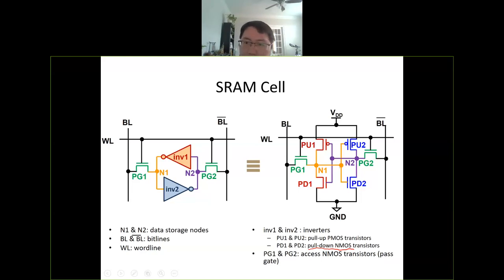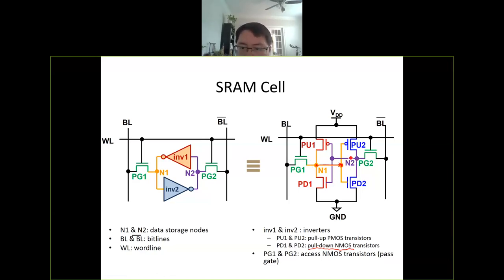Here you see the connections, a little bit complicated, but it's really a cross-coupled connection, because the output of inverter 1, which is N1, goes to the input of inverter 2, controlling the gates of PD2 and PU2. So this is really cross-coupled.